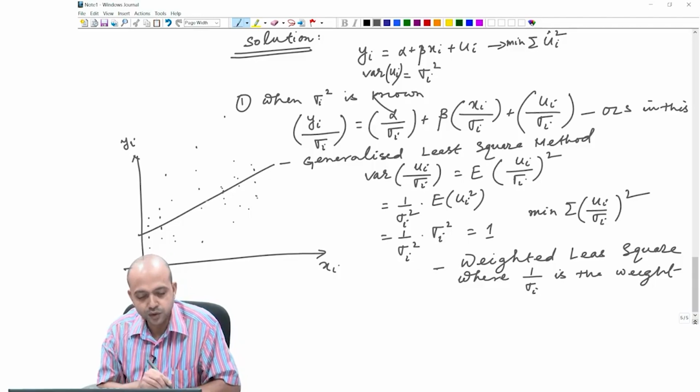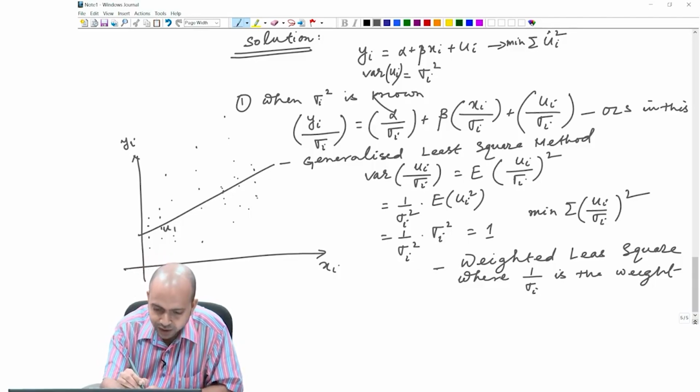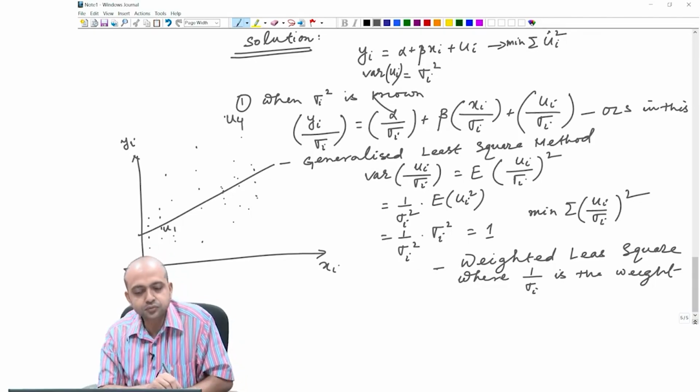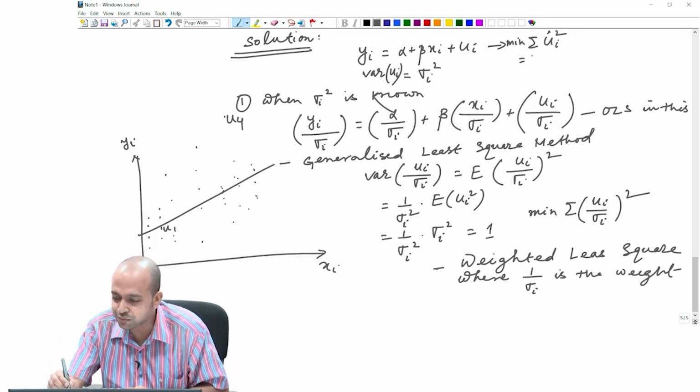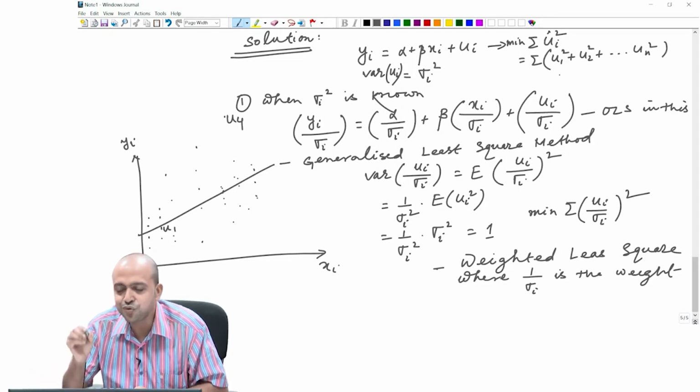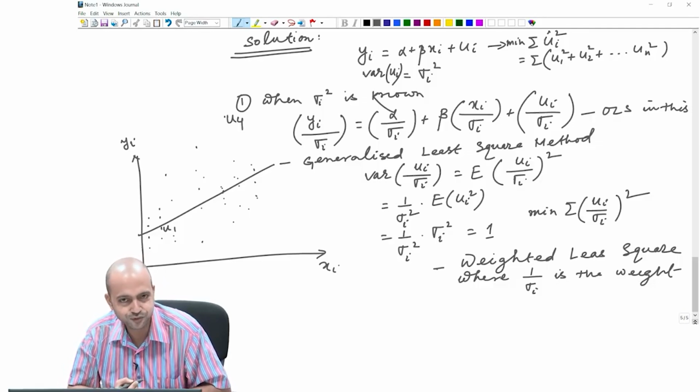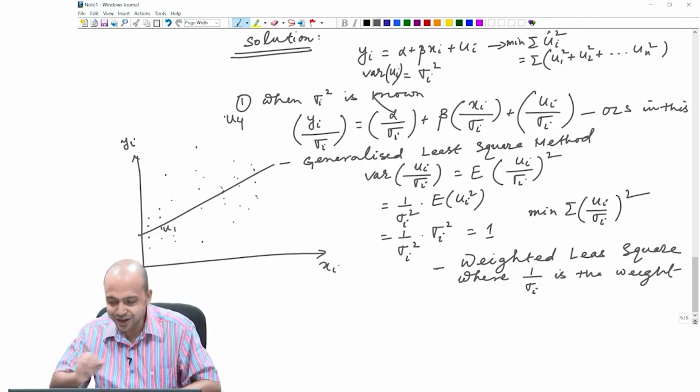This is my error term. Suppose this one is U1 and this is U4. So, when you are minimizing summation ui square, that means you are basically minimizing summation u1 square plus u2 square plus ... un square. So, that means you are attaching the same weight for all these error terms, but here in the WLS or weighted least square, what I am doing, I am attaching 1 by sigma as the weight.